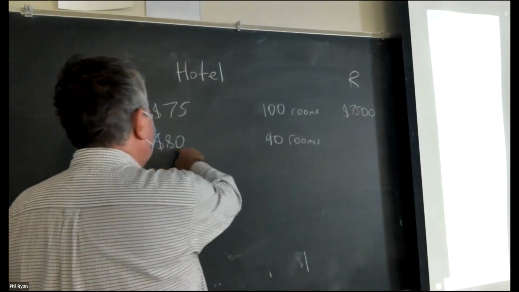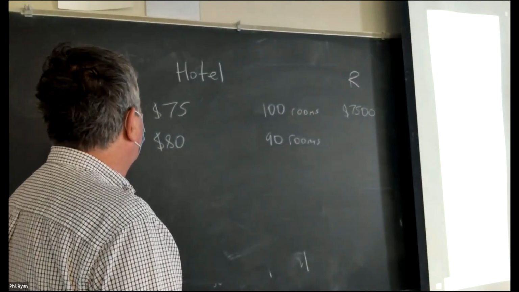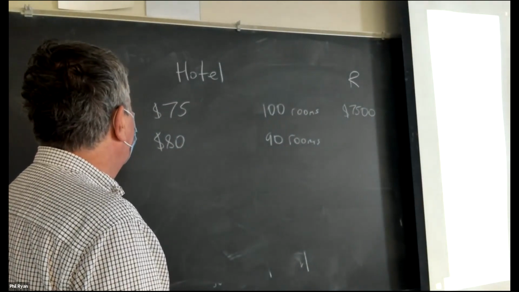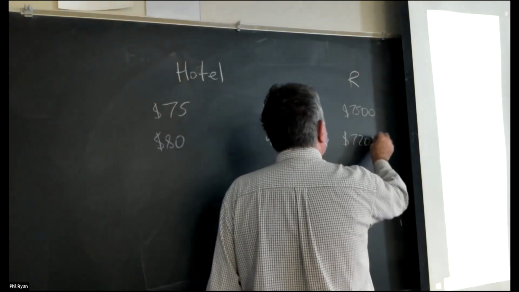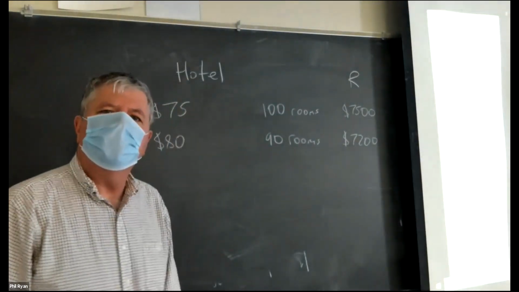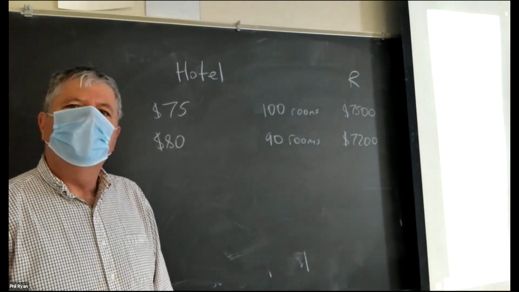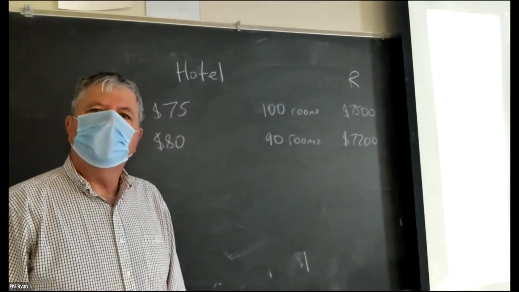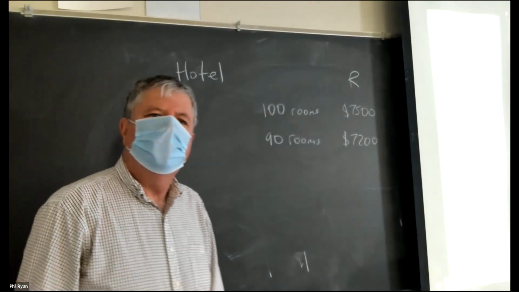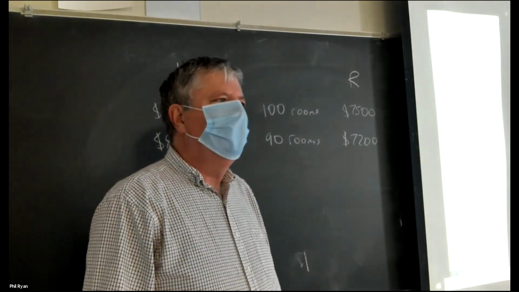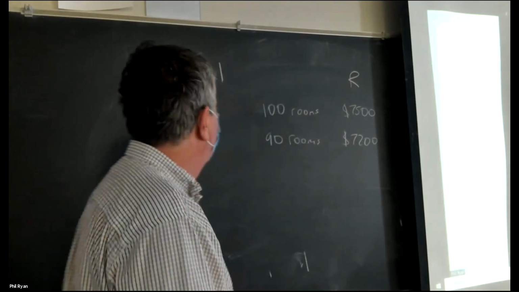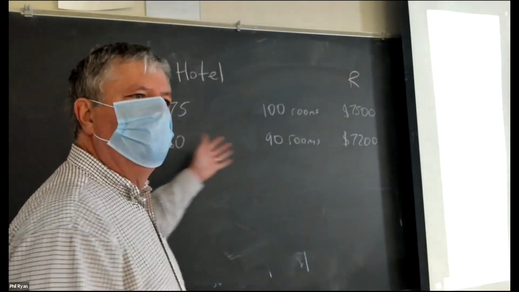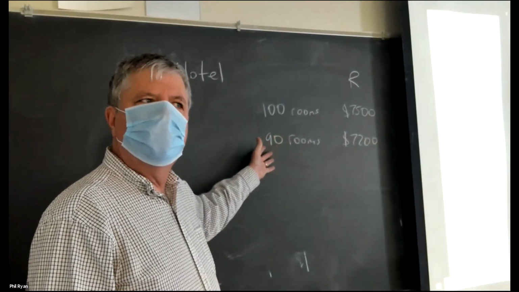If we do $80, we're going to get $7,200 in revenue. So it looks like raising the price is a bad idea. We get more money per room, but we're renting fewer rooms.